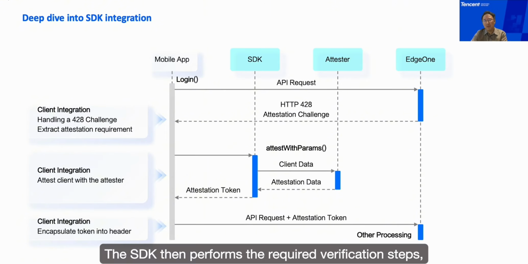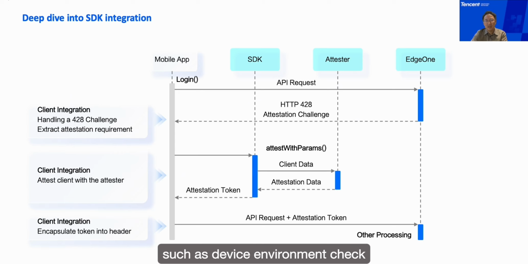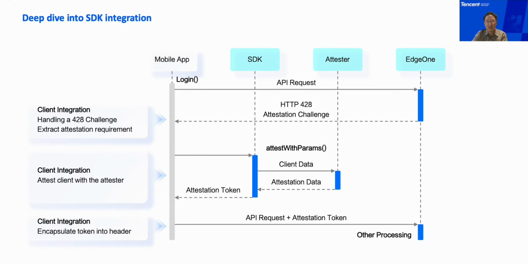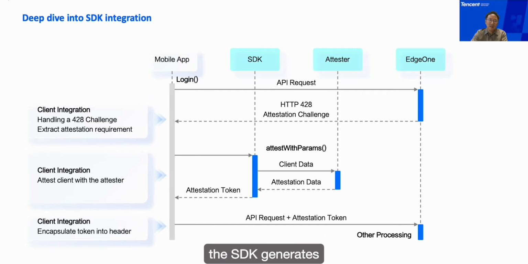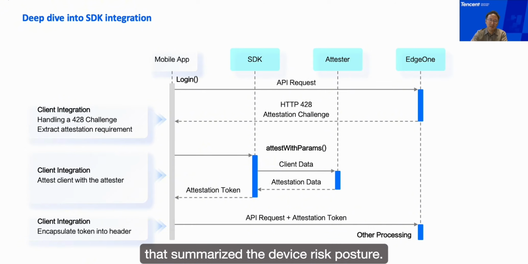The SDK then performs the required verification steps, such as device environment check and behavioral data collection, using modules like RCE or CAPTCHA. After completing these tasks, the SDK generates an encrypted attestation token that summarizes the device risk posture. The application then sends a follow-up API request carrying these tokens.